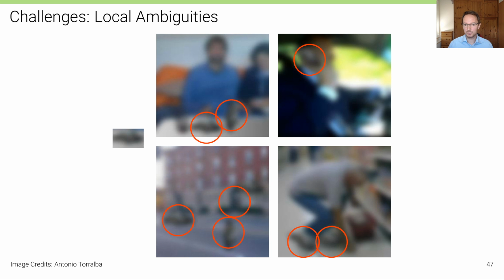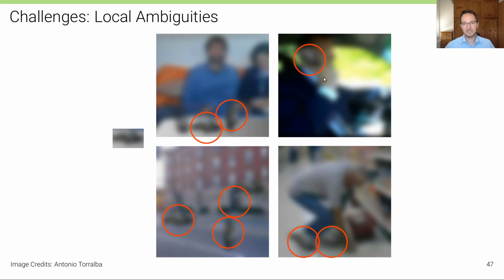Here's another example, a slight variation of this in terms of local ambiguities. What you see here in these circles is always exactly the same pixel arrangement as in this template on the left, but depending on which image it is in, it can mean something very different.